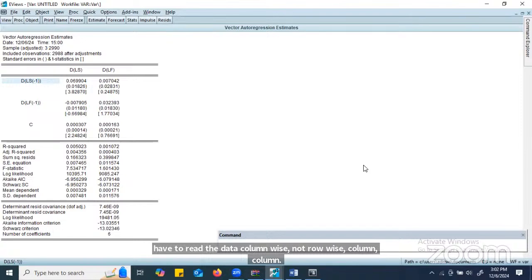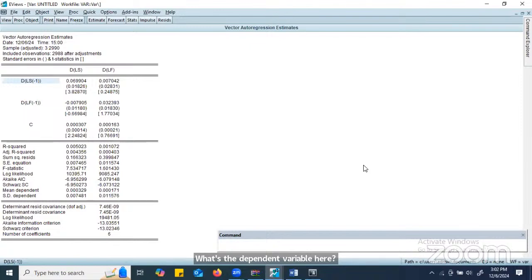Look at the first equation. What is the dependent variable here? D of LS. D of LS is equal to. What is the first independent variable?